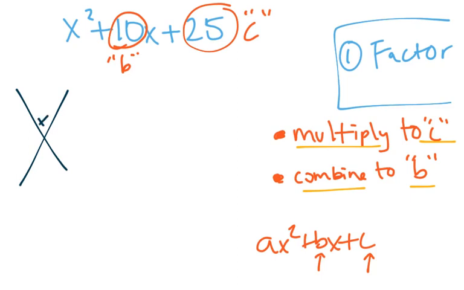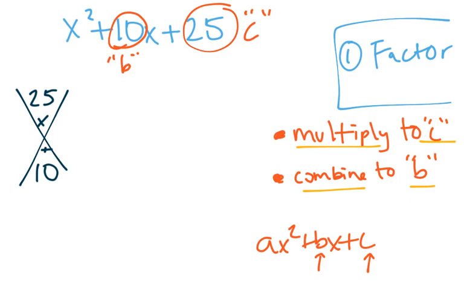So what multiplies to 25, but when you add them together you get 10? What are the two numbers? So I need to plug them in here. Now, you may notice that these are both multiples of 5. So 25 is divisible by 5, and 10 is divisible by 5. So we could use that for sure. 5 times what gives me 25?